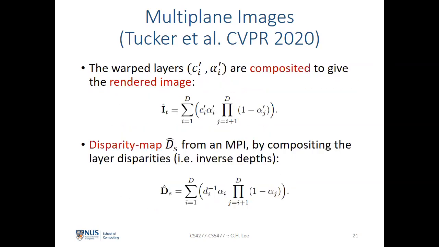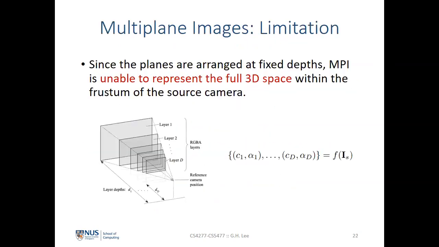But it has a problem. The limitation here is that it designs a deep network and directly outputs a set of planes of images that sweep across the frontal parallel views of that reference camera position.